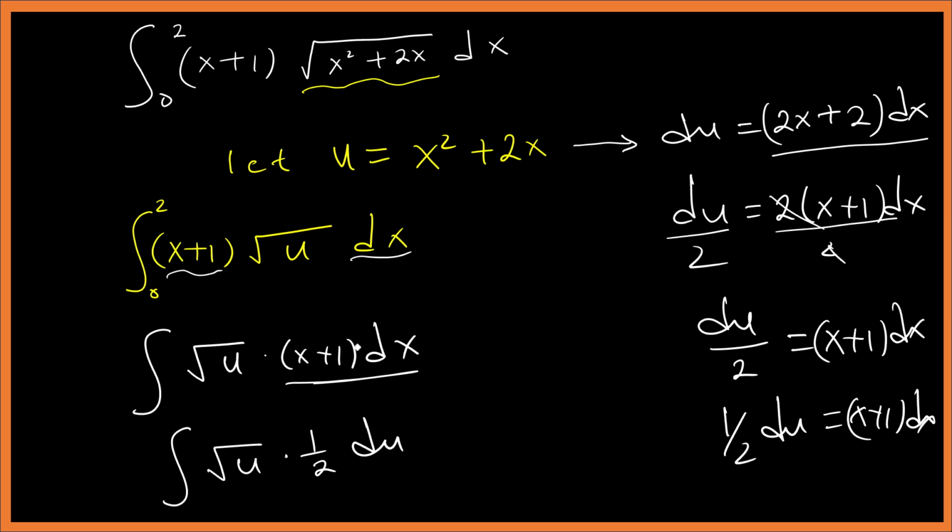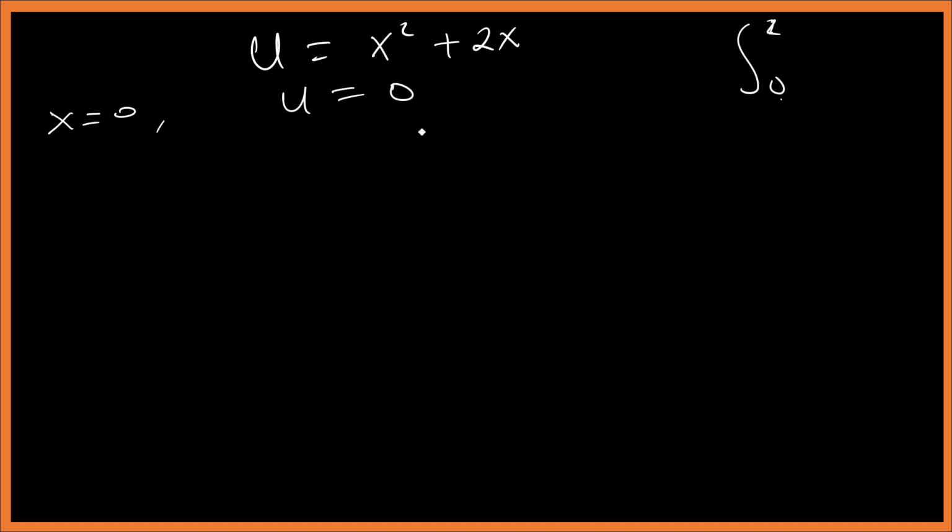So we have u equals x squared plus 2x, and don't forget the limits are 0 to 2. When x is 0, u will be 0 squared plus 0, so we have 0.